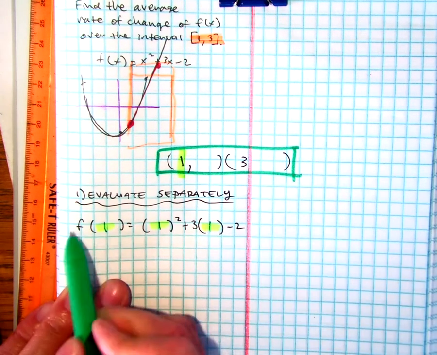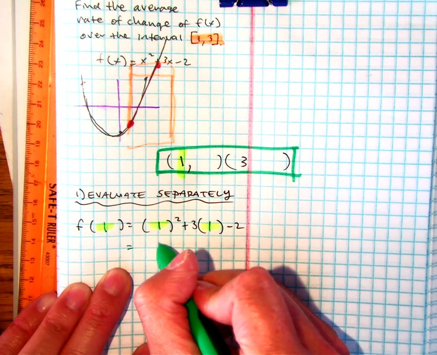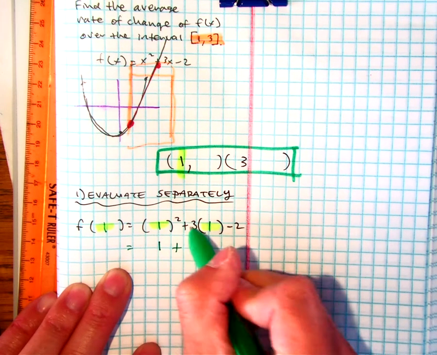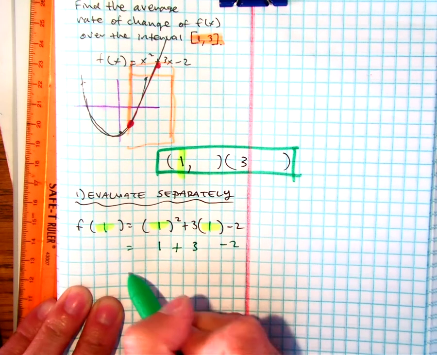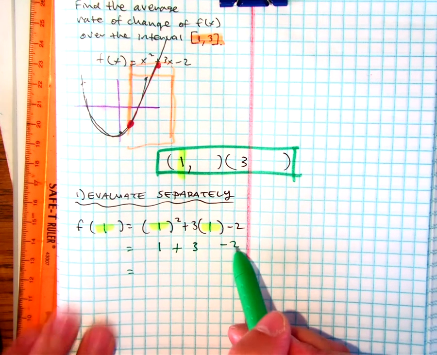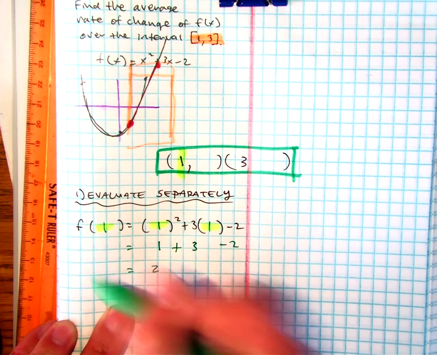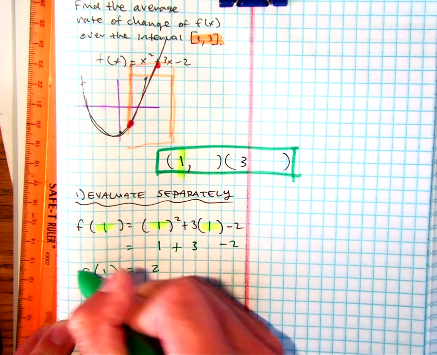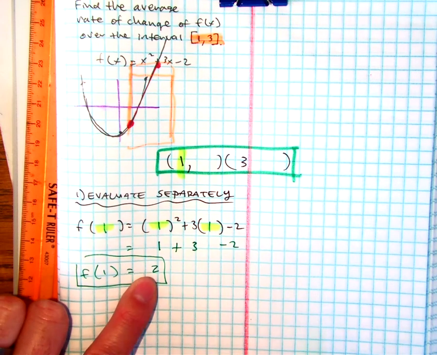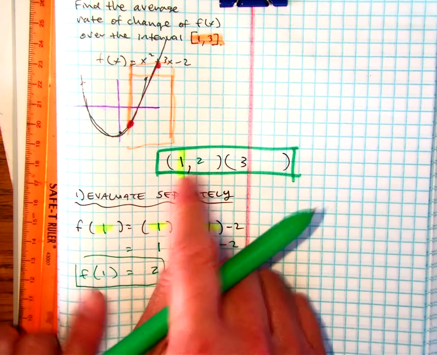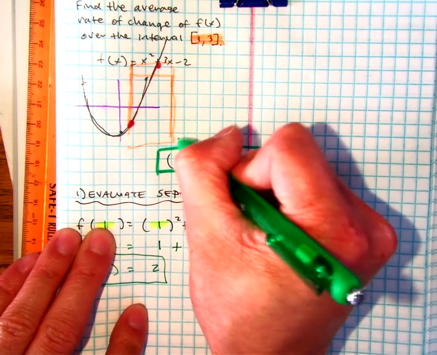So every x value, we're putting in 1. 1 squared is 1, 3 times 1 is 3, and I have the minus 2. 1 plus 3 is 4, and 4 minus 2 is 2. So f of 1 equals 2. My output is 2. The ordered pair is 1, 2. This is my first ordered pair.